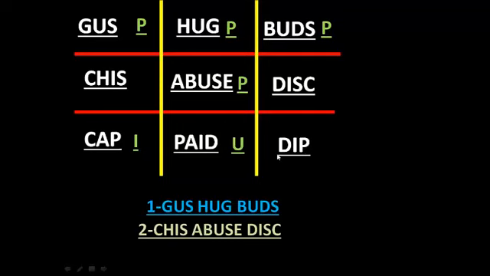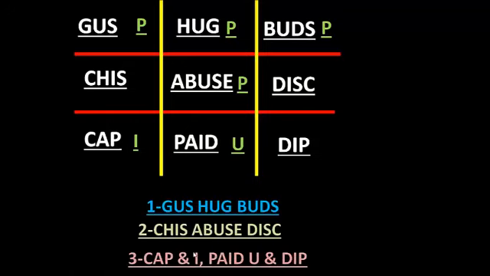D is going to stand for diverticular disease, I is going to stand for inguinal hernia, which is going to be presented as Crohn's pain, and pelvic pain, which is going to be presented due to gynecological problems, as I already mentioned. So what's the sentence for the last part? It's CAP and I paid you DIP. So we put a DIP for CAP, and it's me and CAP who paid for it.